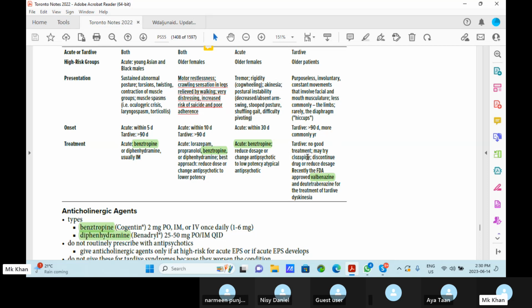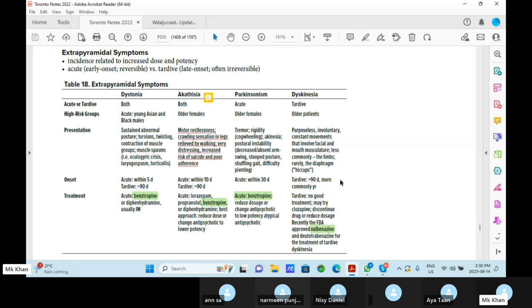Maybe it can be given in tardive dyskinesia, and then discontinue the drug and reduce the dosage. That is the first line management in all of these. And then there is an FDA approved drug, valbenazine, that can be used in tardive dyskinesia. So the other three have almost the same drug treatment, but valbenazine is the one used in dyskinesia.